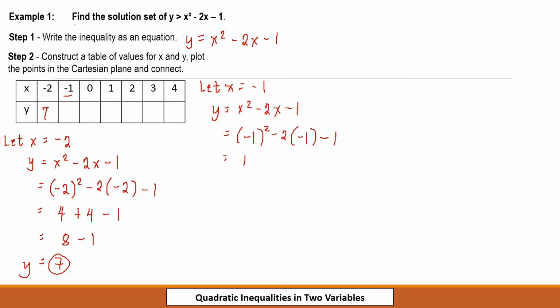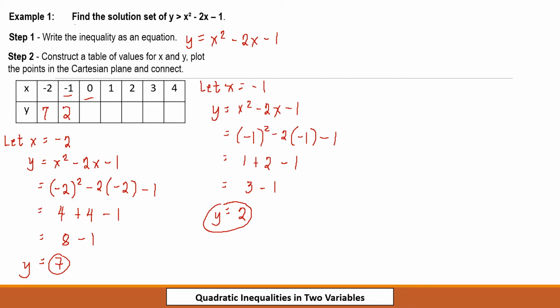Negative 1 squared is 1. Negative 2 times negative 1 is positive 2 minus 1. 1 plus 2 is equal to 3, and 3 minus 1 is equal to 2. So when x is negative 1, the value of y is positive 2.